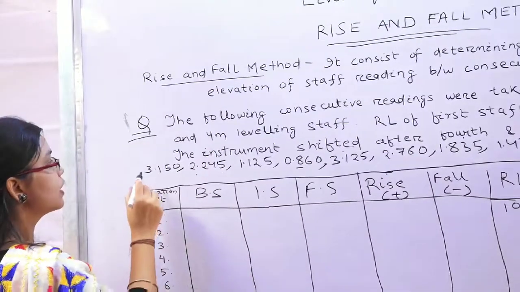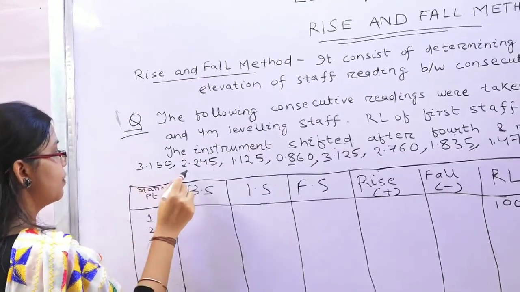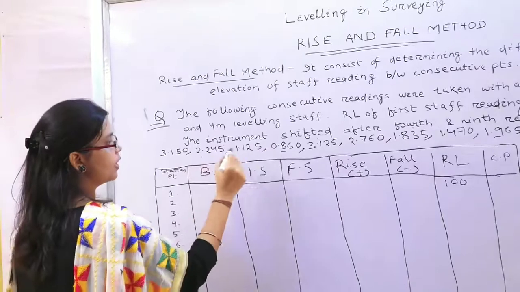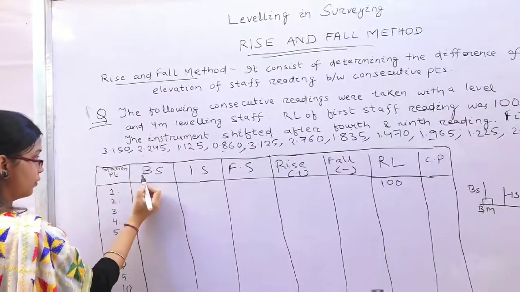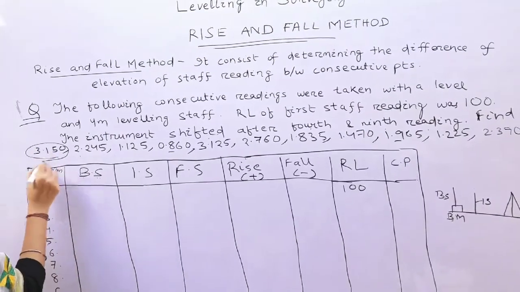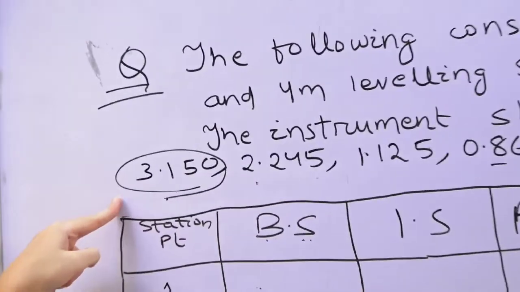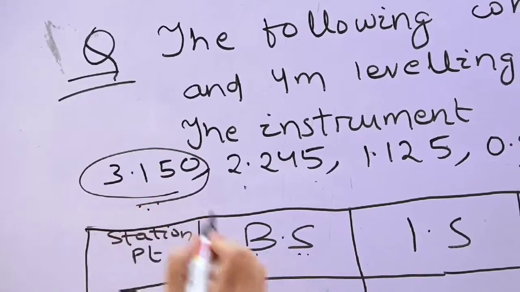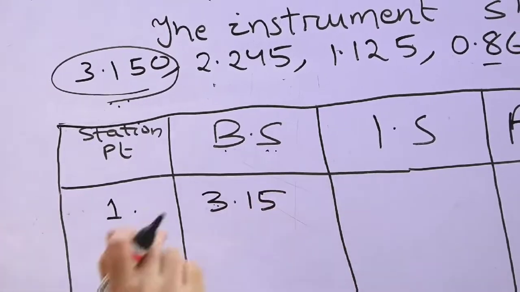Given the staff readings 3.15, 2.245 and so on. This is the first staff reading taken, so this is the first backside reading, 1.50, which I will write here.